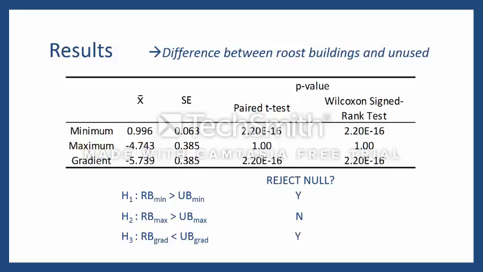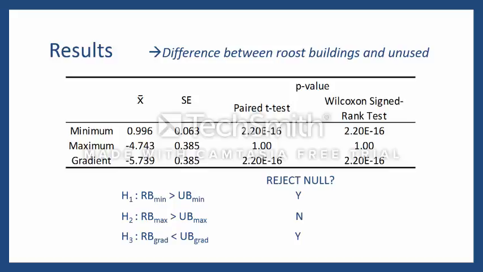But we can say, and this is where it gets interesting, that for the minimum temperature at roost buildings, we have evidence that it is greater than in unused buildings, so we can reject the null with relative certainty. And the same thing for our gradient hypotheses.